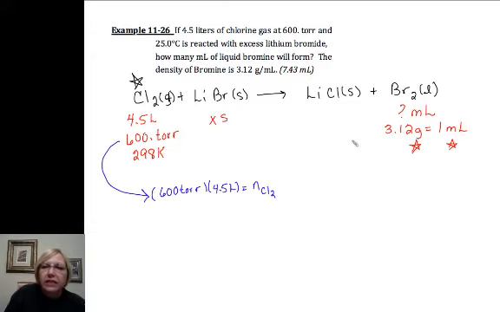Remember, you can't use this for moles of bromine. You have to use that mole ratio first. Even if the mole ratio is 1:1, if you skip that mole ratio, you will lose points. So 298 Kelvin. So my moles of chlorine, if you do that algebra, are 0.145 moles.